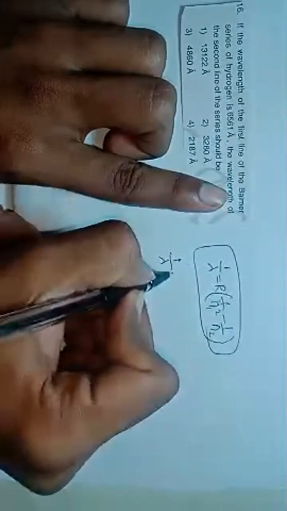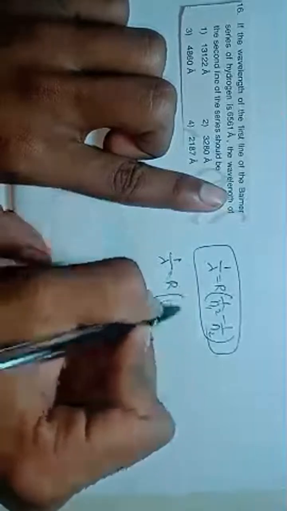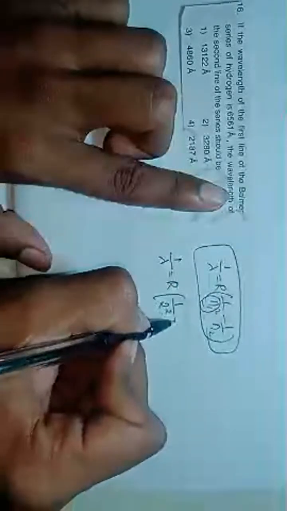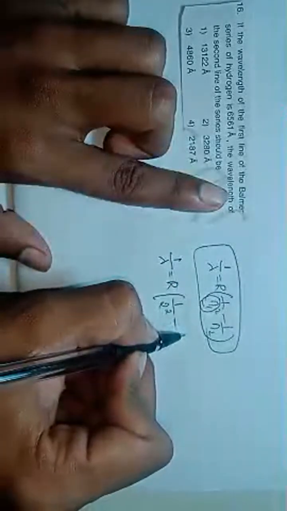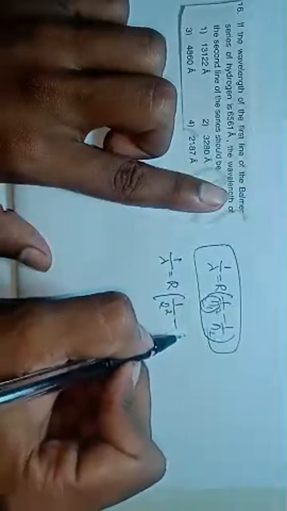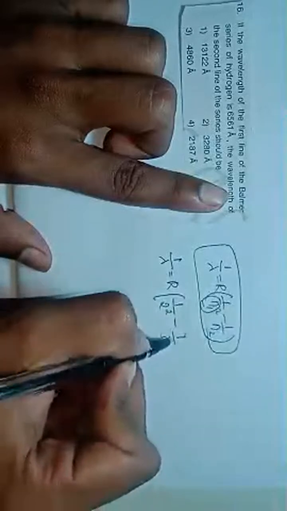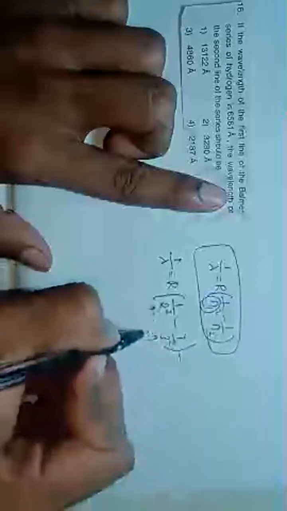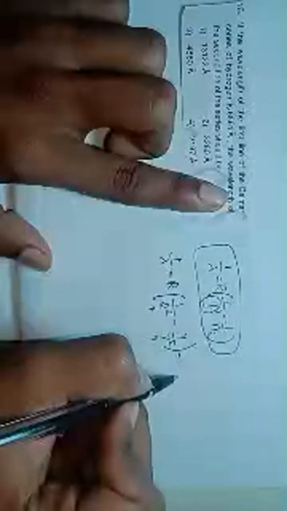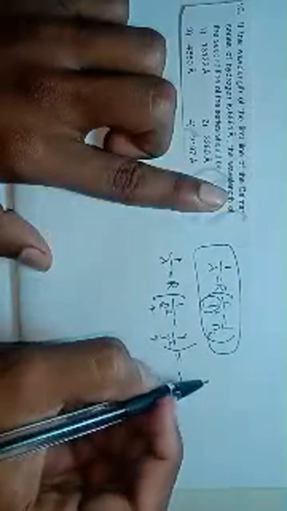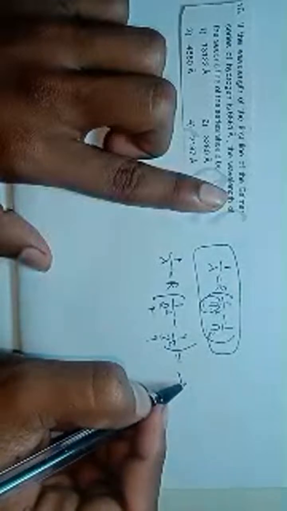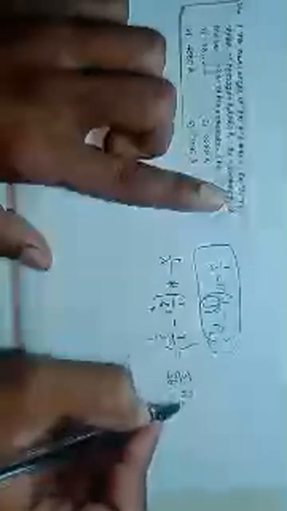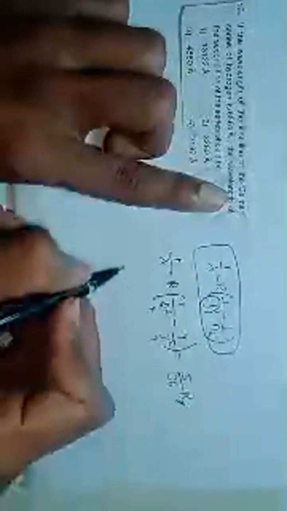So 1 by lambda is equal to R into, you have to take n1 as 2 because it's a Balmer series, 2 square minus, for the first line it will be the third level, right? So 1 by 3 square, you are getting 4 here, 9 here. After taking LCM, you will be getting 9 minus 4, it is 5 by 36 times R. This is for the first line.